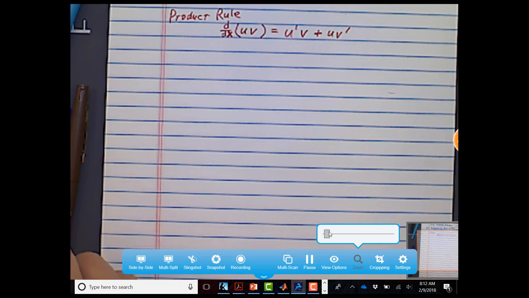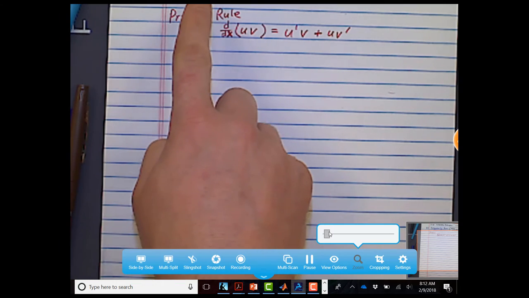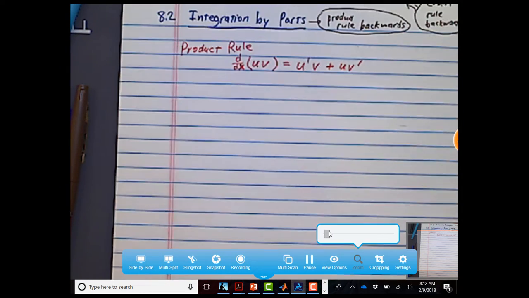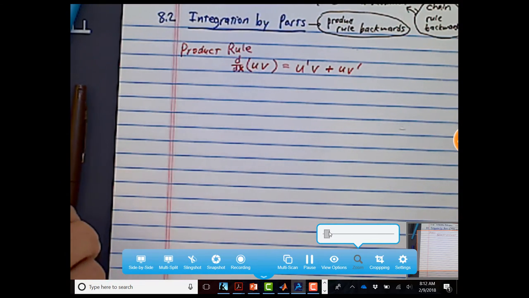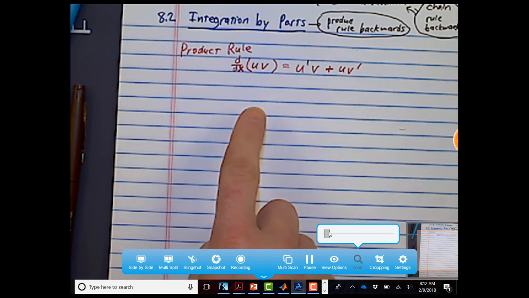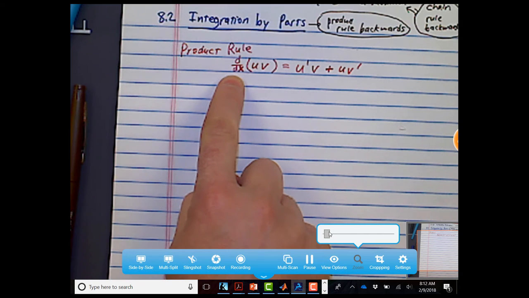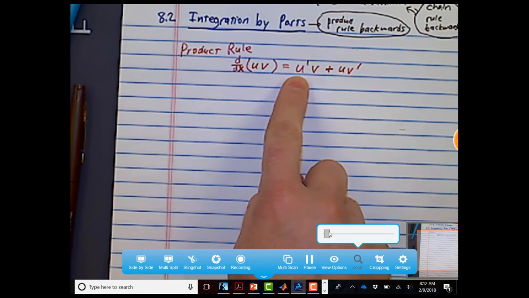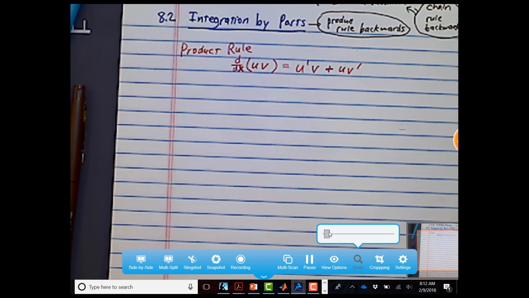Let's see. I'm going to come up with a formula here for integration by parts. So first of all, this is mixed notation, right? This is Leibniz, and this is Newton, the two inventors of calculus. Let's use nothing but Leibniz notation for a little bit. There's an advantage to doing this, all right?